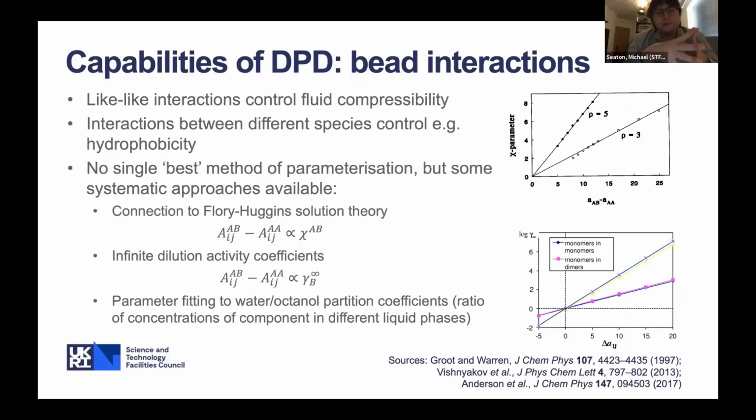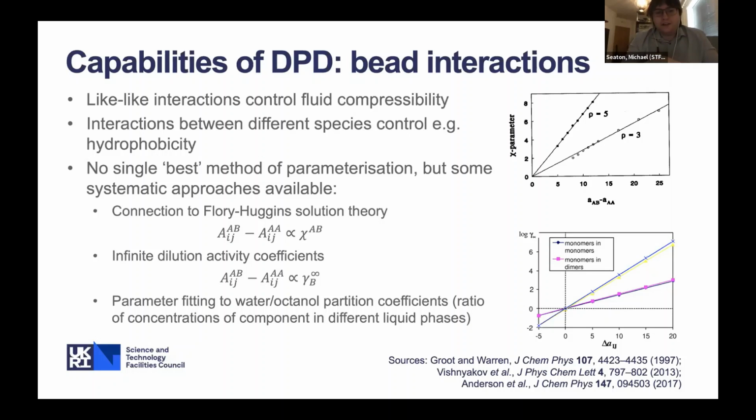But it means that if we have values of chi between different pairs of components, we can actually get the conservative force interaction parameters between those pairs of components. And there's actually a proportionality there.